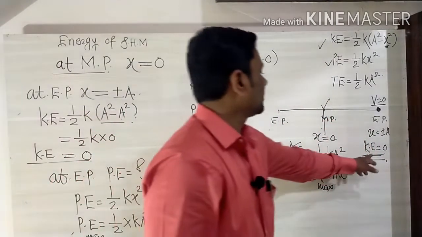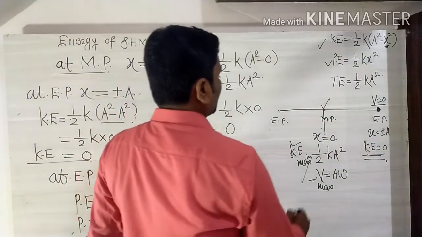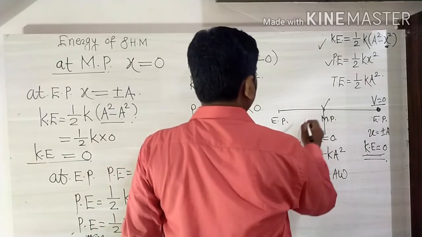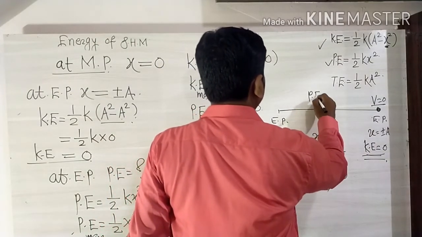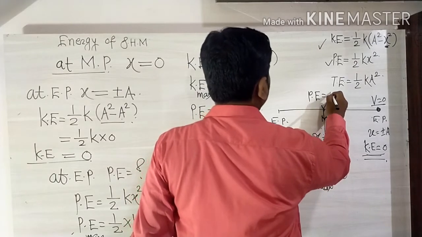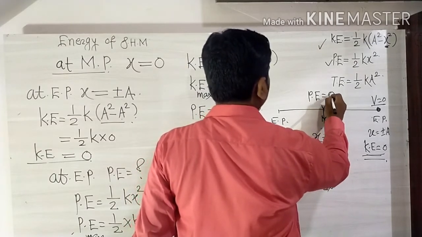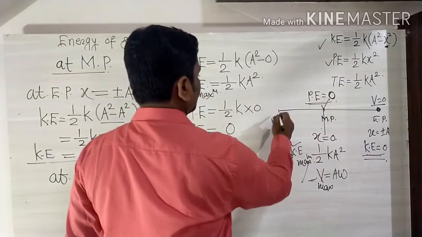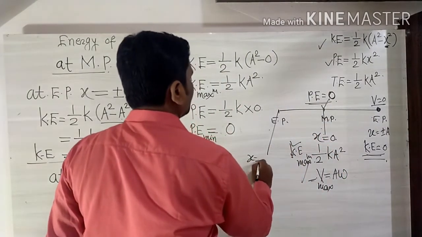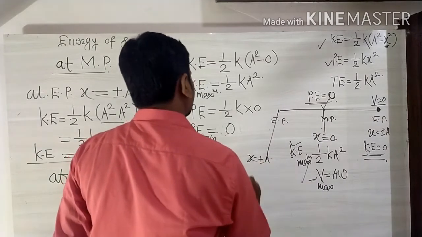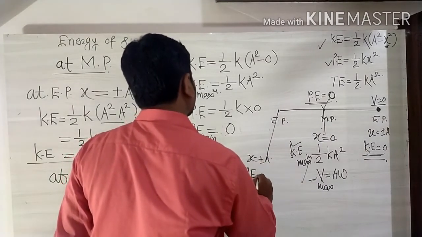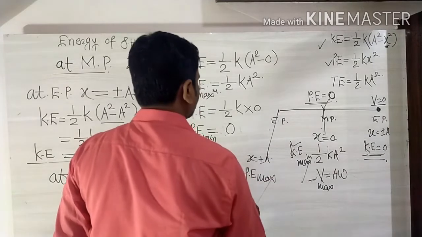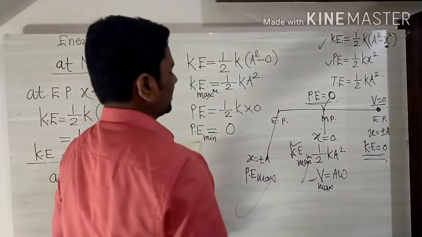We understand logically. What happens about the potential energy? At the mean position x is equal to 0, so potential energy is 0. But at extreme position x is equal to plus or minus a, so potential energy at extreme position is maximum, that is 1/2 k a square.